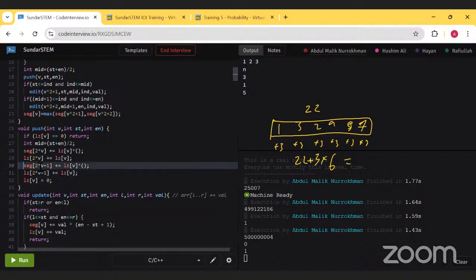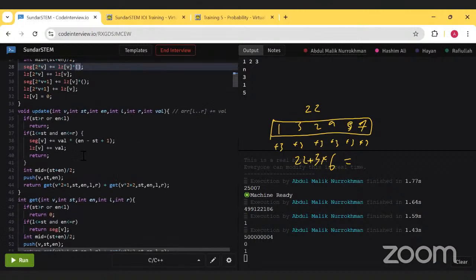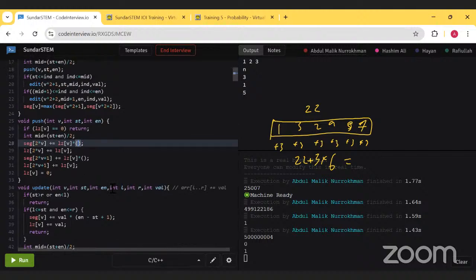But when we add to the value, we should multiply it by the length, right? And what will be the length?